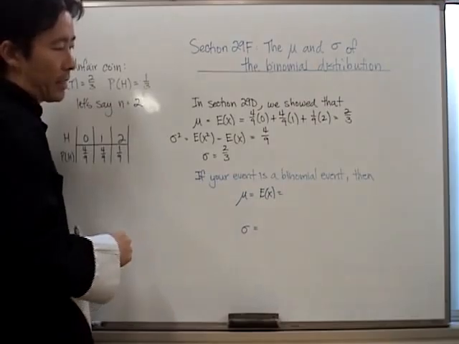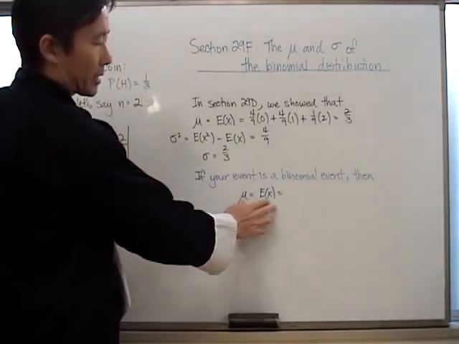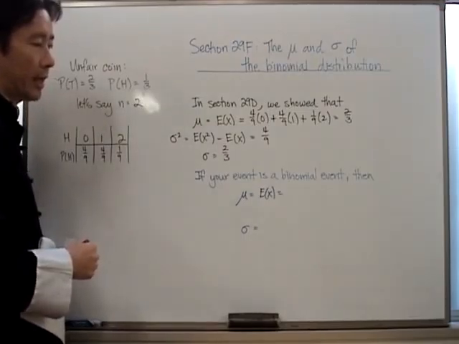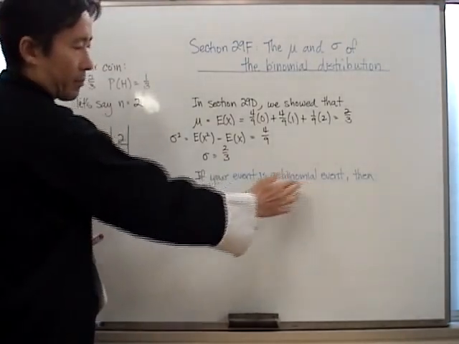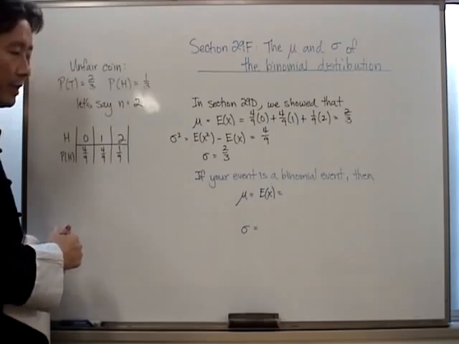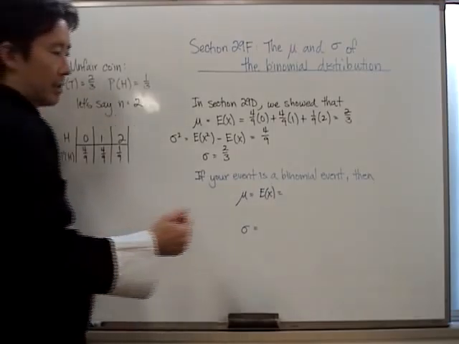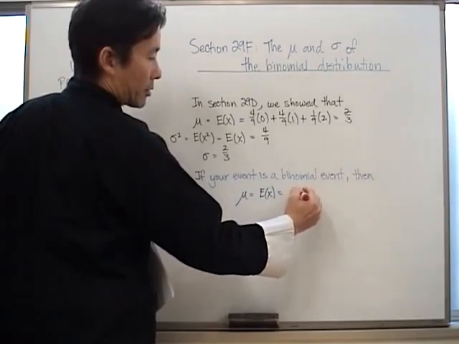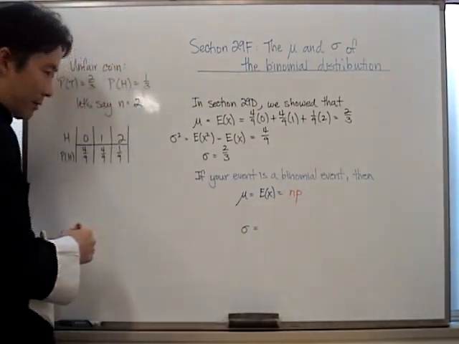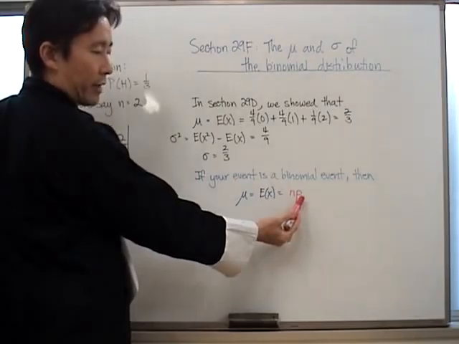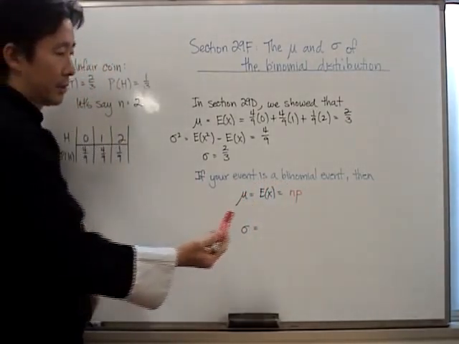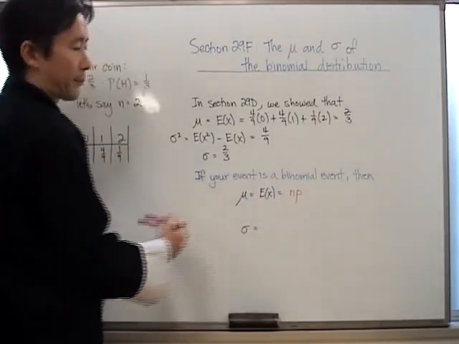When you take a look at the mean, we said the mean is the expectation of x. But if you know that it is a binomial event, the easiest way to determine the mean is to just take n and multiply it by p, which is the probability of getting a head, and n is how many times we do the event.